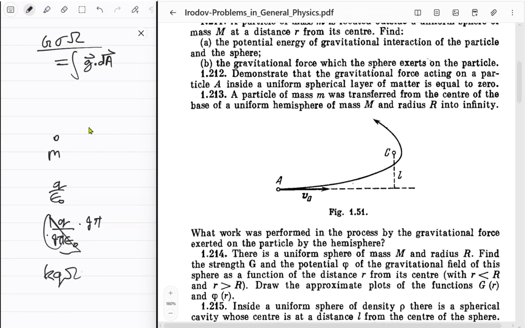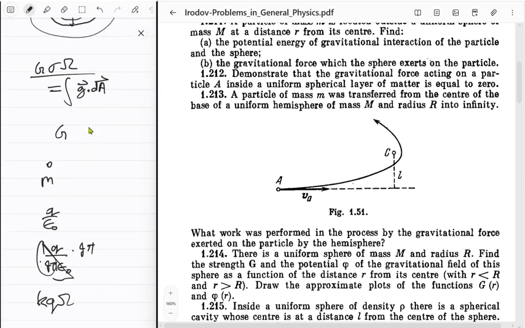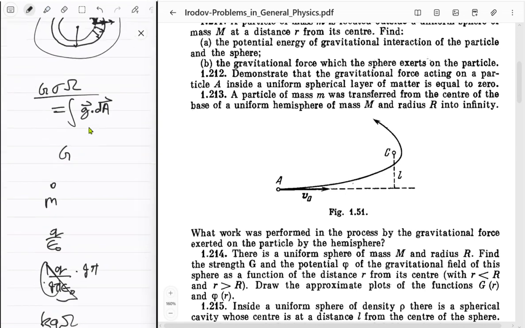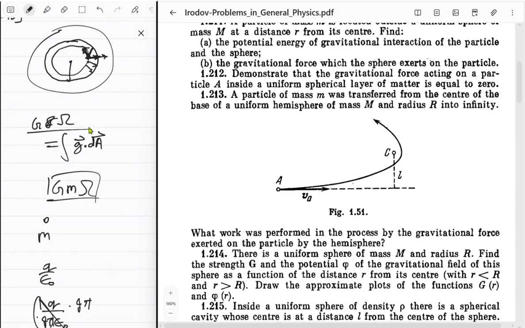And similarly for this you could just prove it's actually G times the mass enclosed inside, right? So GM times the solid angle. The mass enclosed inside is 0, so this thing is actually 0. The solid angle was 4 pi, doesn't really matter.